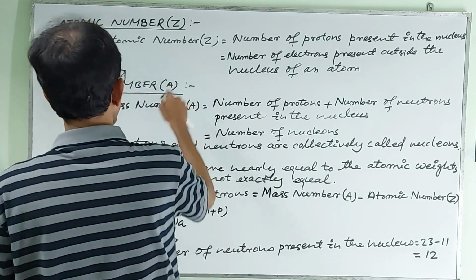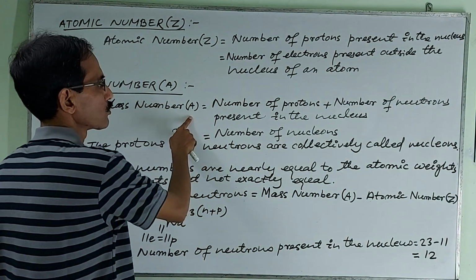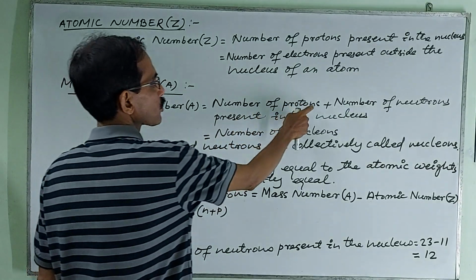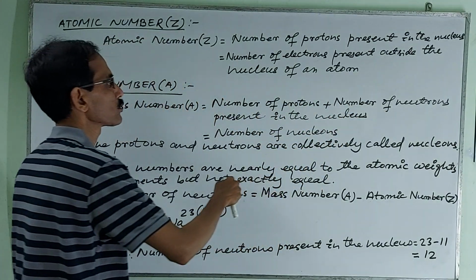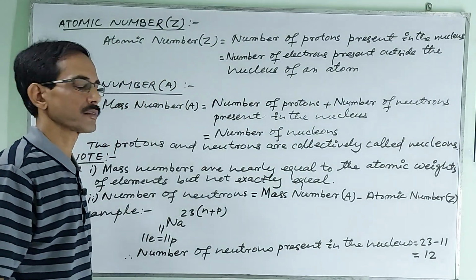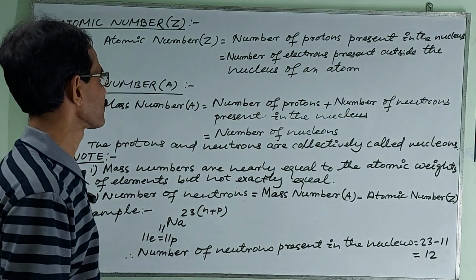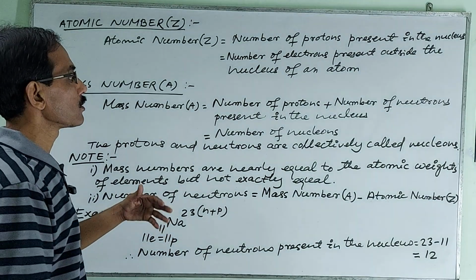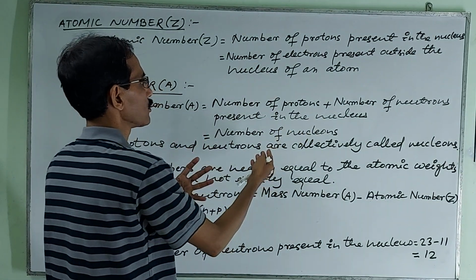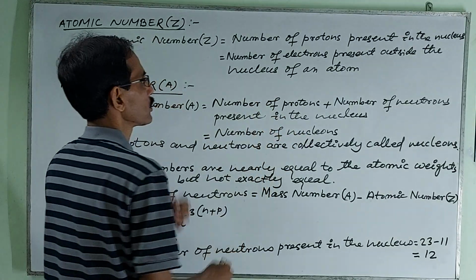Similarly, mass number A is equal to the number of protons plus the number of neutrons present in the nucleus.